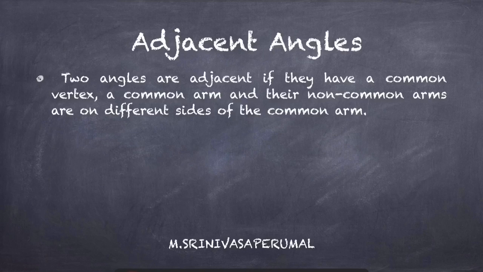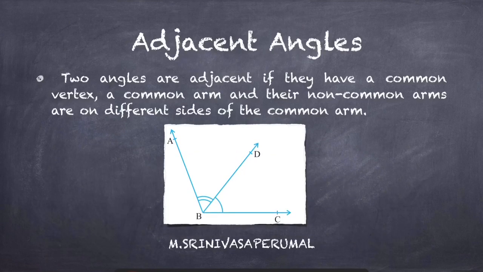Next one is adjacent angle. Adjacent angles are two angles that have a common arm. Consider the diagram. BC and BA have a common arm; BD is the common arm between these two. For example, this one is X and this one is Y. The common arm is BD bar. So this is called adjacent angles.